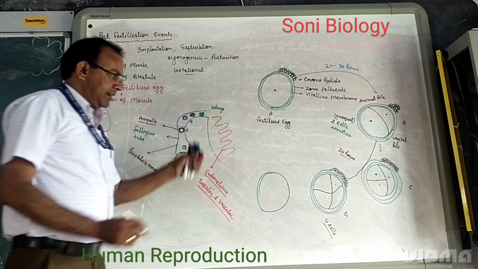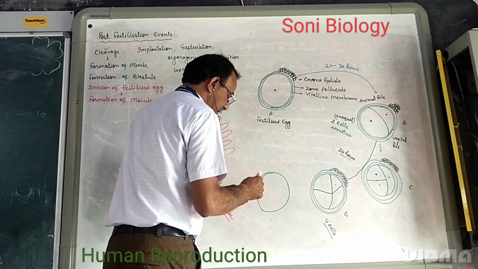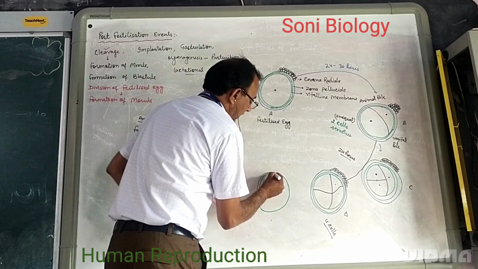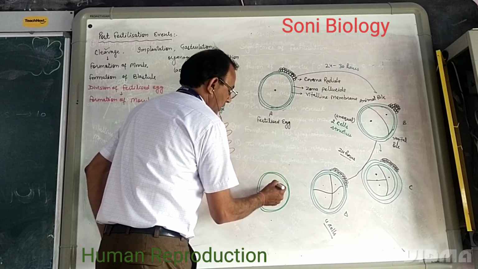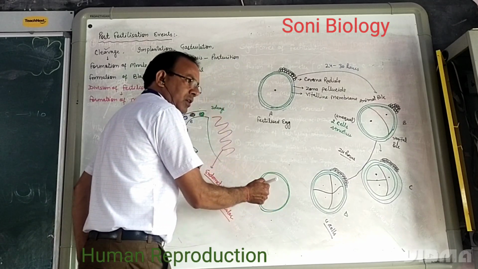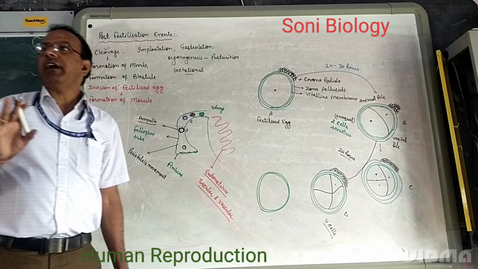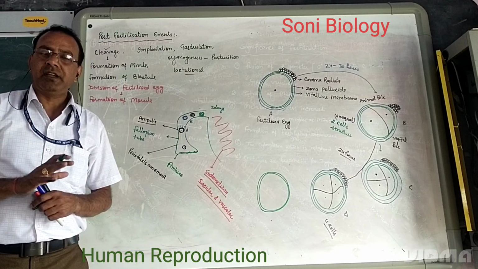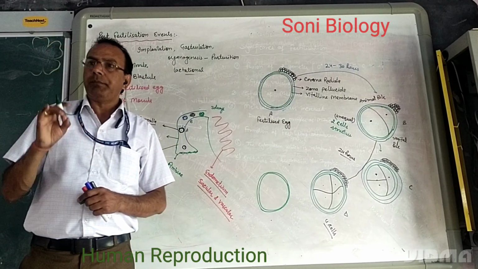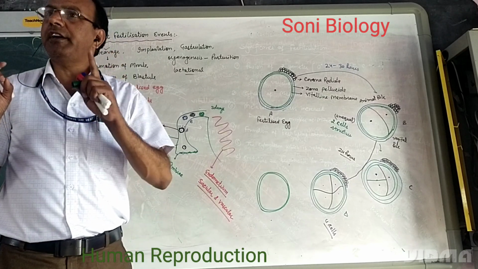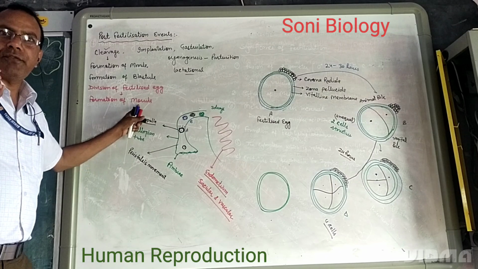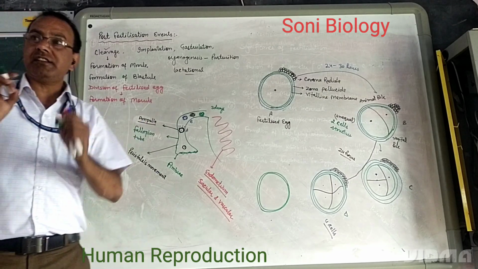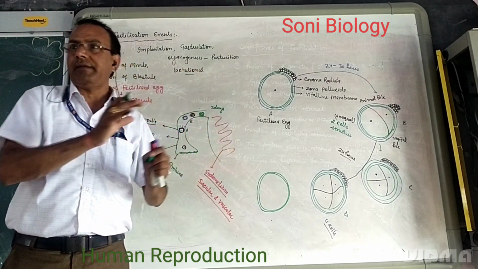On the 3rd day, division can be seen in this cell, and it forms an 8 cell structure, then 8 to 16, 16 to 32. Mostly 8 cell, or 8 to 16, meaning 16 cells or 32 cells. That is called morula: the fertilized egg which contains 16 to 32 cells.